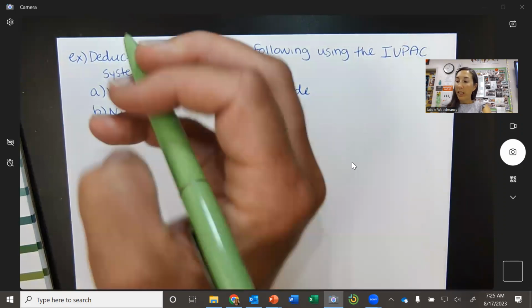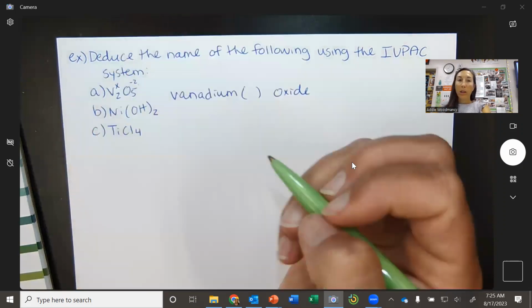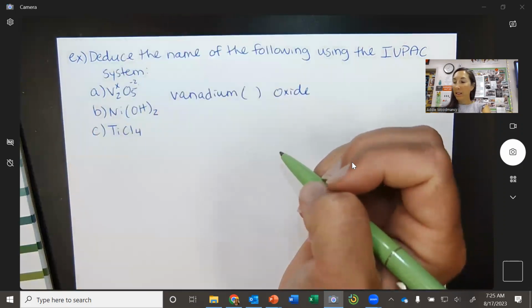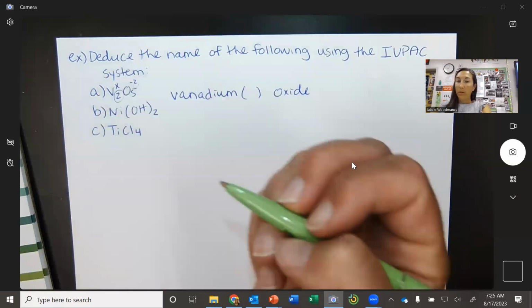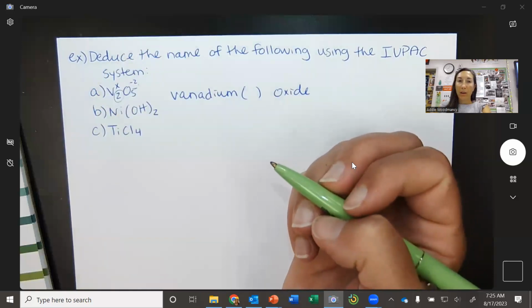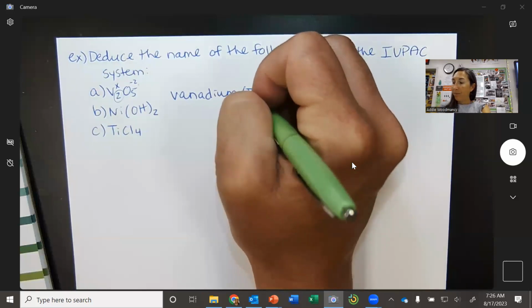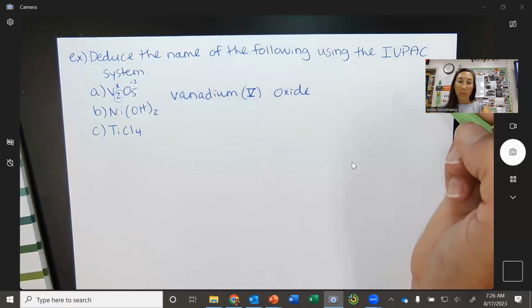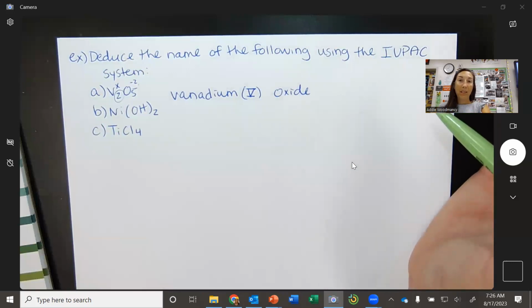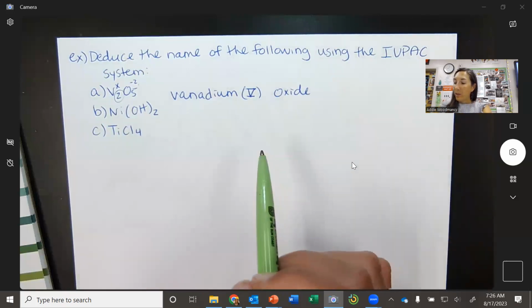There's 2 vanadiums with some charge, so take your -10, divide it by 2, and that gives us a charge of 5. So we write our Roman numeral for 5, which is V. If you don't know your Roman numerals, you need to at least know them up to 7. So that's how you do that one.